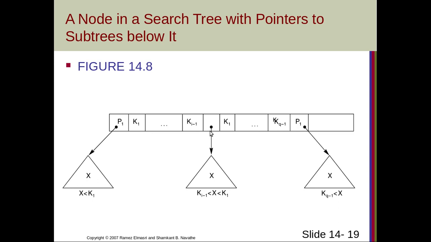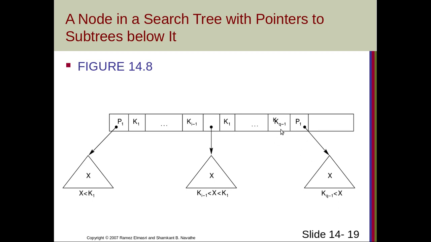Likewise, a pointer in between Ki minus 1 and Ki is pointing to a subtree, and in that subtree every key value should be in between Ki minus 1 and Ki.